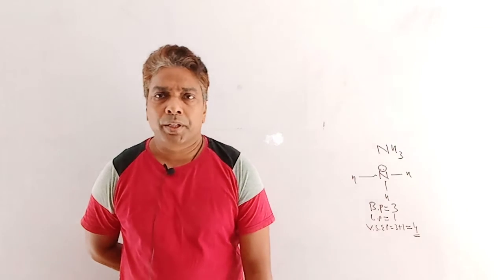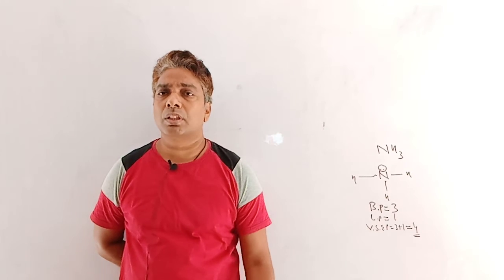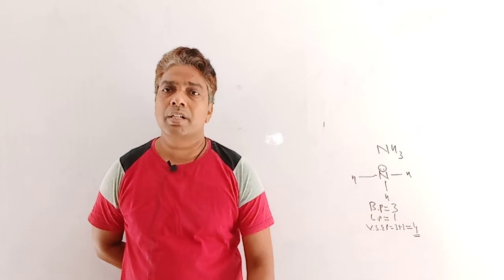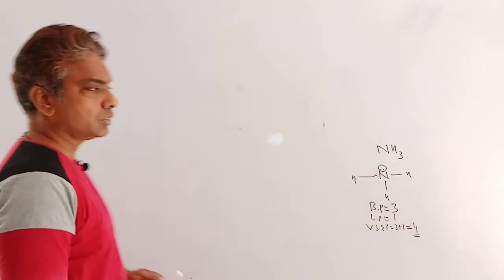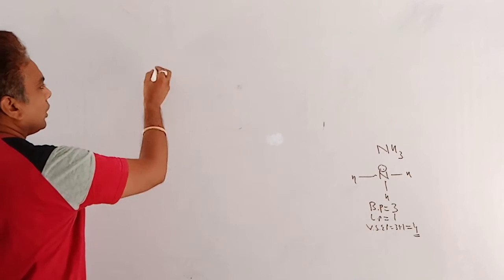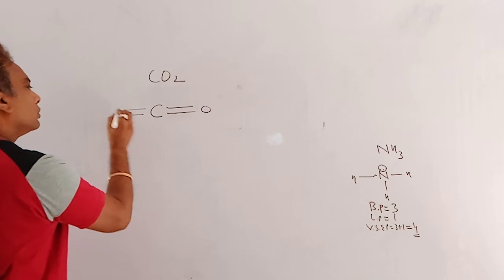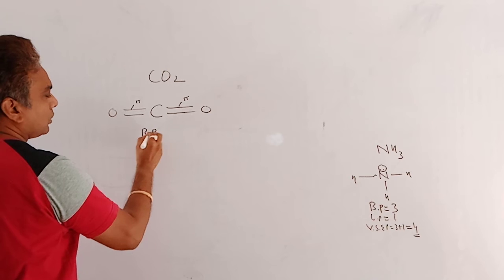Next, one more point. Since a pi bond is not responsible for the geometry of molecules, it is not counted as a bond pair. Suppose we have a molecule like CO2. Here is pi, here is pi. So the pi bond is not counted.